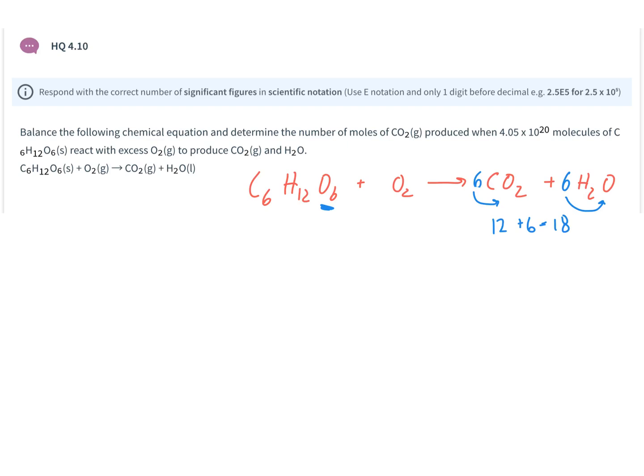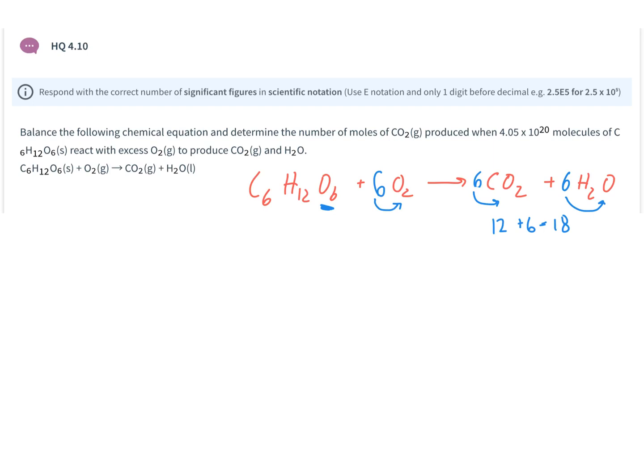So 18 minus 6, I only need to account for 12 of those oxygen. That means I need the coefficient of 6 here. 6 times 2 is 12, plus 6 in glucose already. I have 18 oxygen now on the left and the right. Now I know my coefficients for both of those.